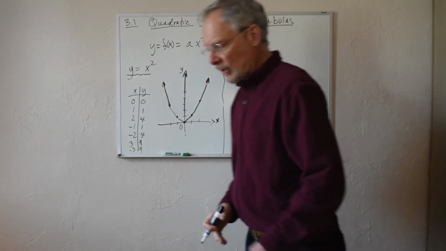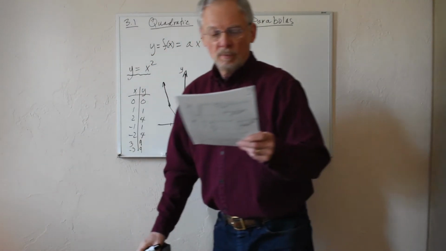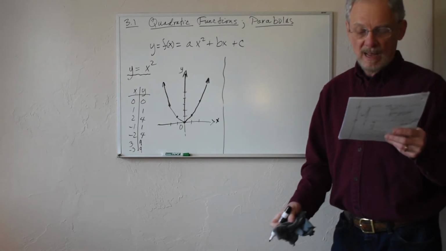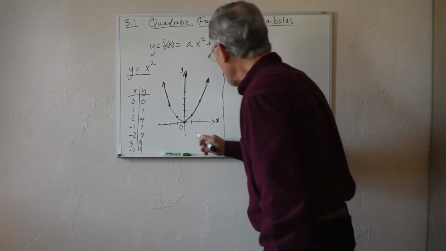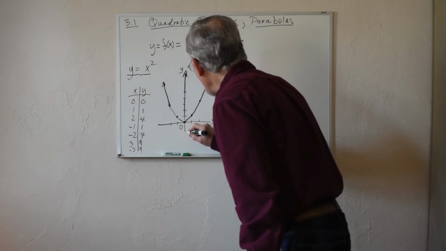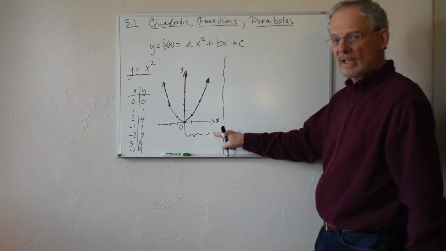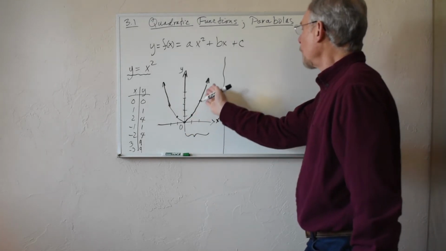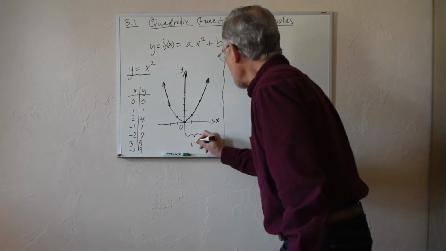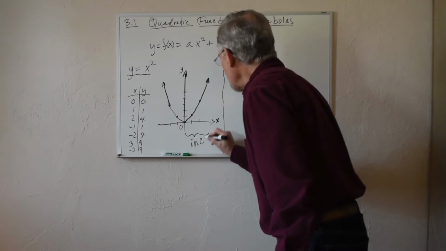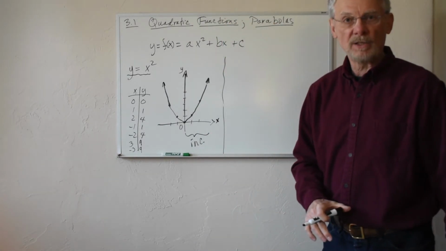Okay, so that's our simplest quadratic function, our simplest parabola. Let's notice a couple things about it. From x equals 0 on up to positive infinity, the graph goes up. So we say that the graph is increasing over that interval.